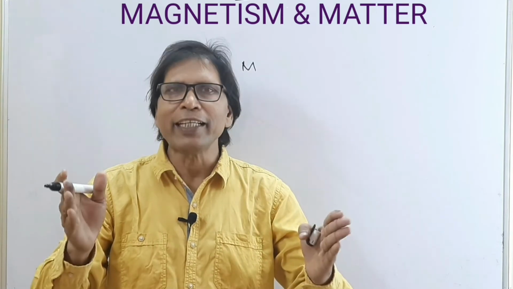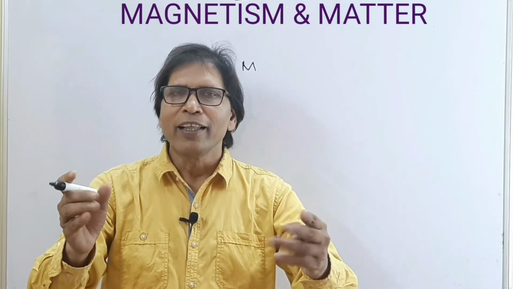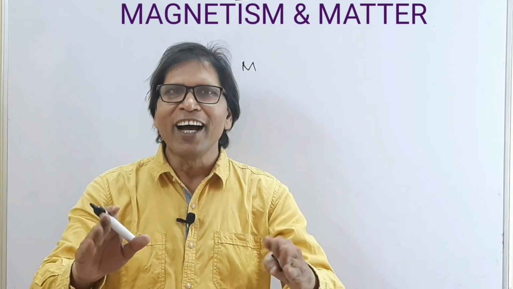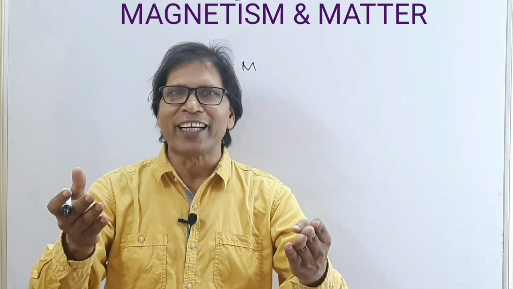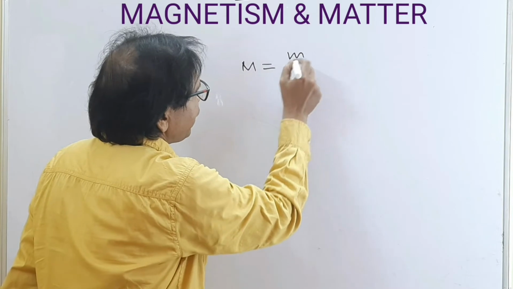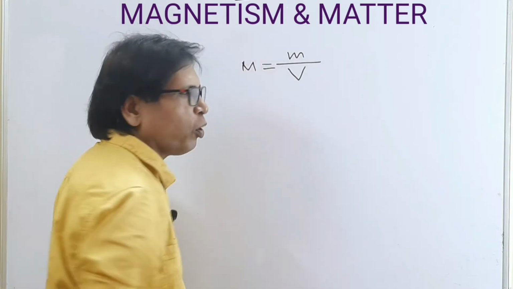Okay, now magnetization, capital M. When a magnetic substance is placed in a magnetic field, the magnetic moment induced in the magnetic substance per unit of its volume is called magnetization or intensity of magnetization. So M equals magnetic moment per unit volume.